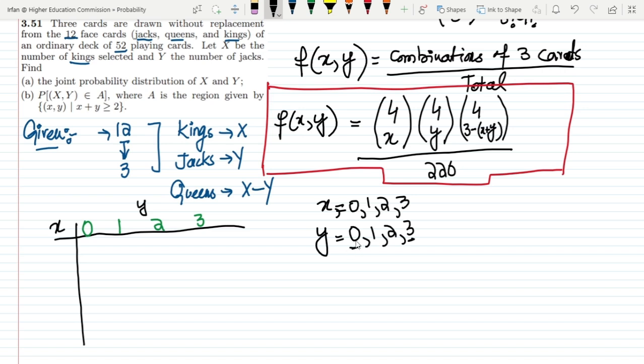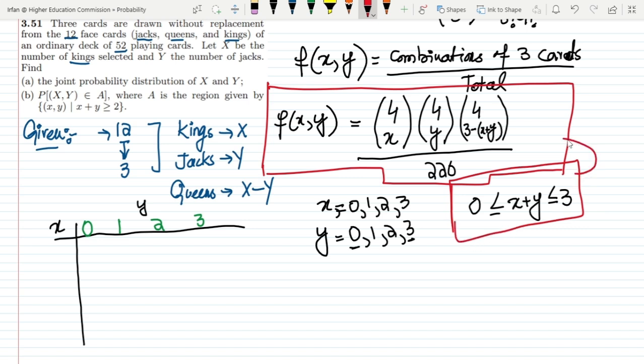It means 0 means no jack, while 3 means all are jacks. So on the basis of this, we can also write the condition, which is x plus y is greater than or equal to 0, and it can also be less than or equal to 3, which is the constraint. And this is basically the condition for the formula which I have previously derived.